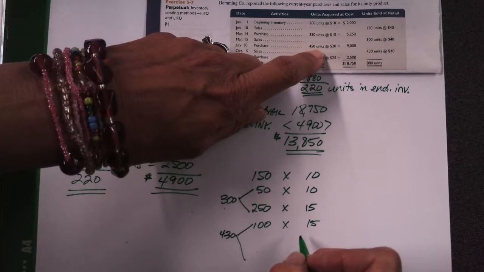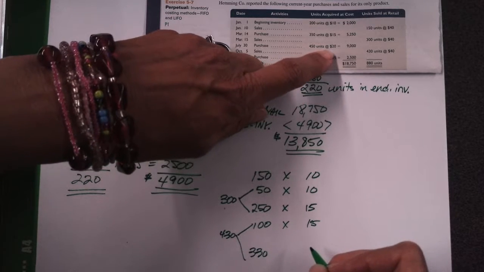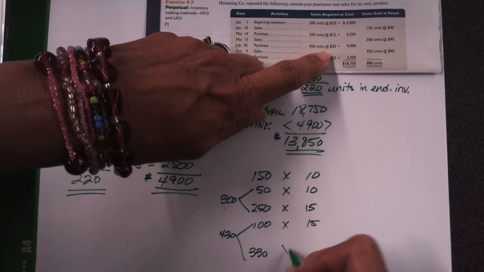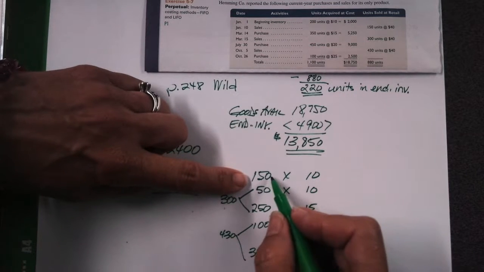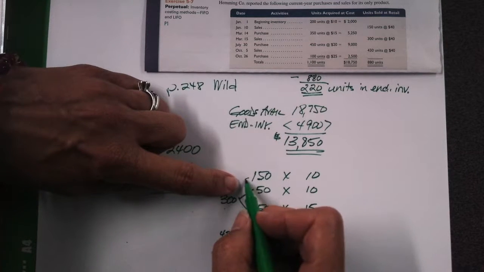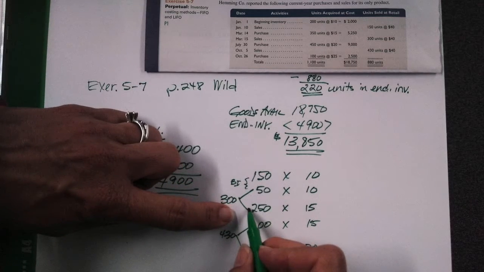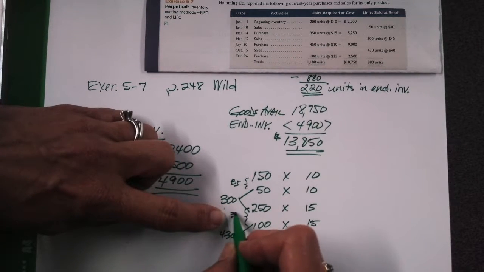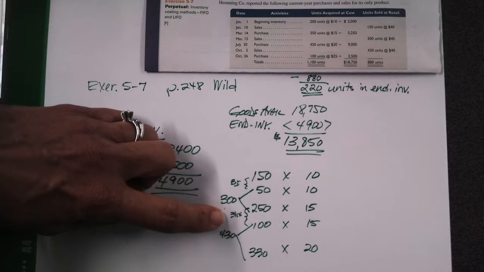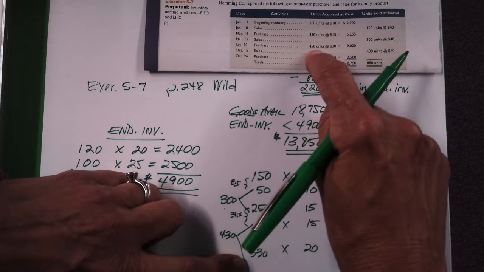Then all the rest of that 430, which would be 330, is going to come from the July 30th purchase, which is at $20. So see, if you look at 150 and 50, there's our beginning inventory. If you look at 250 and 100, there's the second purchase on March 14th. Okay? And then the last 330 comes out of this purchase.